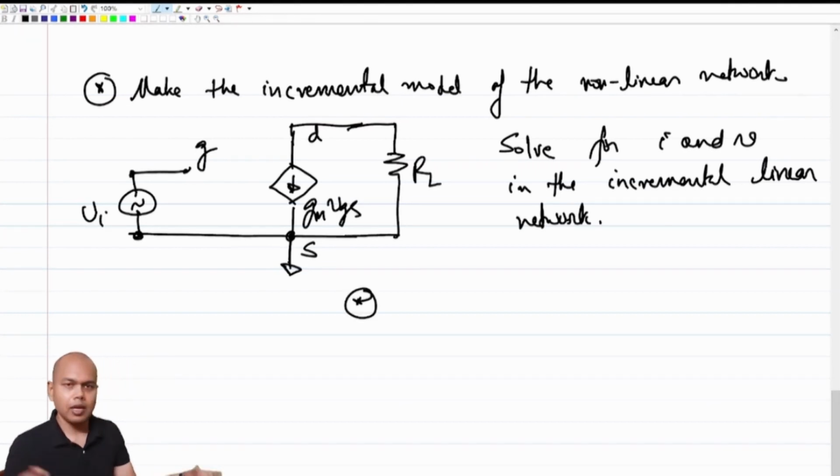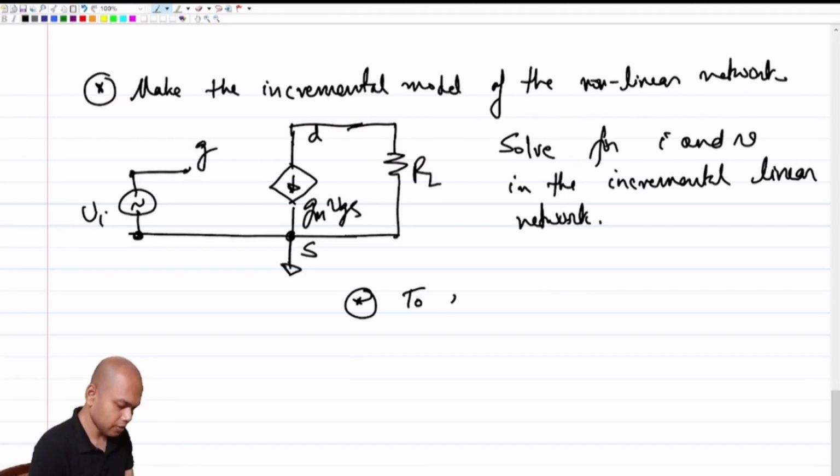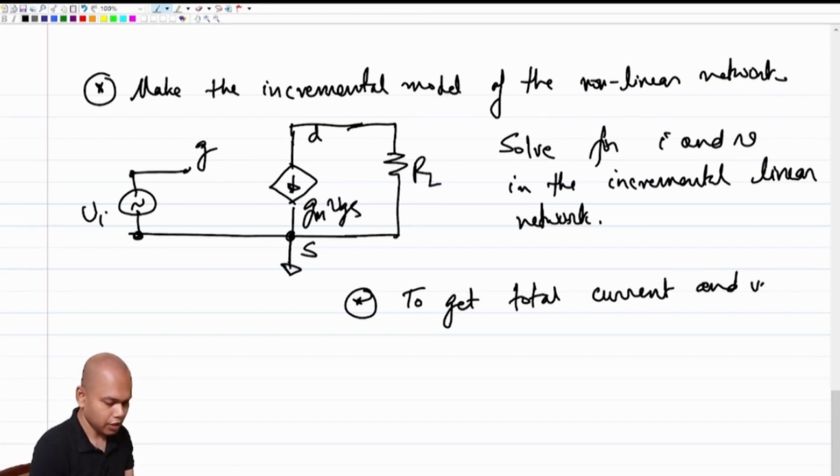Step 3 is to combine the currents and the voltages that you have gotten from step 1 and step 2, to get the total current and voltage.